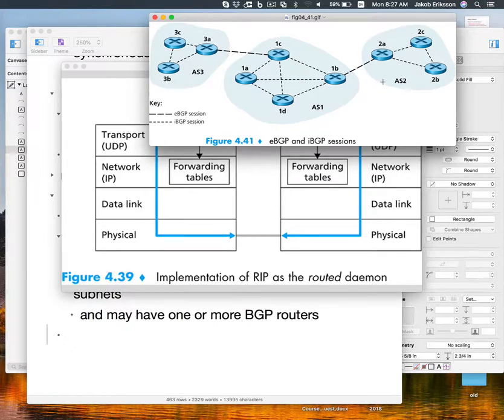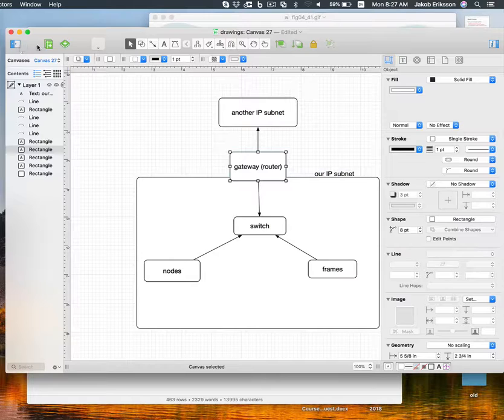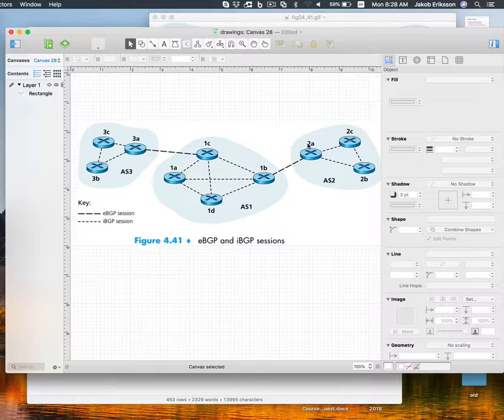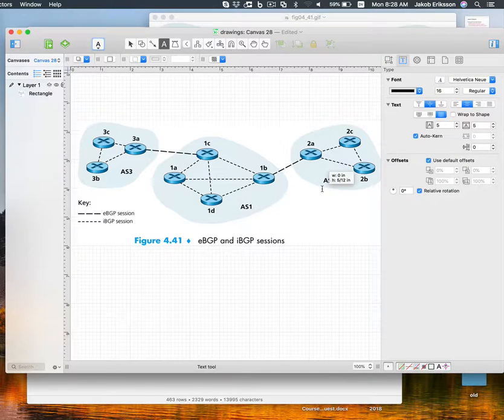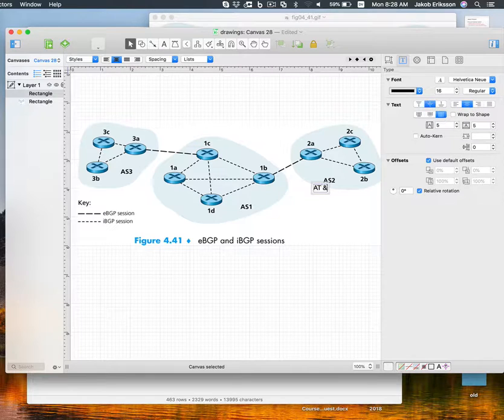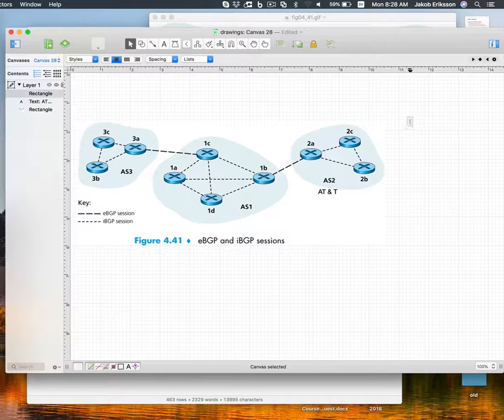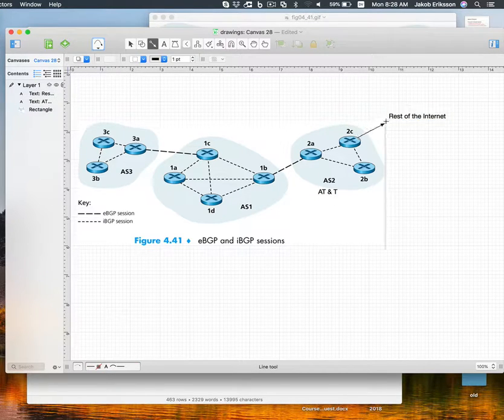Right, so let's assume that this is AT&T over here. Actually, I'm going to try to draw this. See what it looks like. Just put AT&T, and then of course the rest of the internet is sort of hiding behind AT&T.